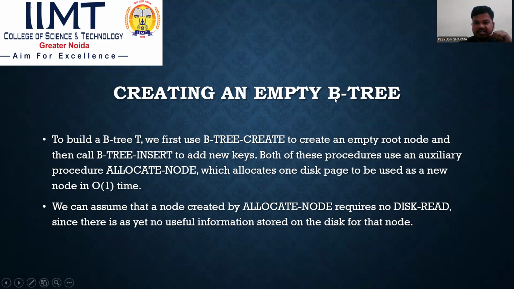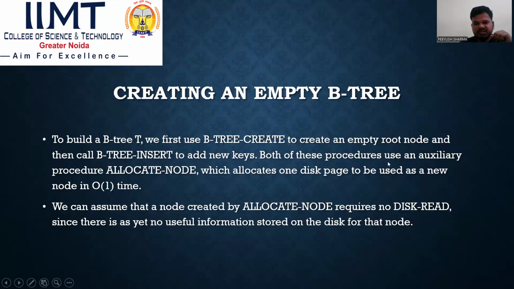So to build a B tree, we first use B tree create to create an empty root node and then call B tree insert. On the basis of keys and degree, we insert into that created empty B tree. So B tree insert adds new keys.